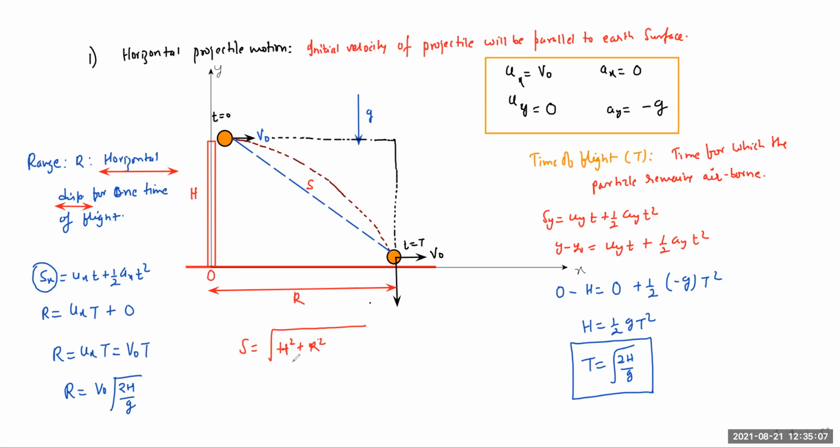See, there are terms: vertical displacement, horizontal displacement, and actual displacement. So vertical and horizontal are components of displacement. When I say displacement, it means the actual one. What is the actual one? S. And you can substitute the value.